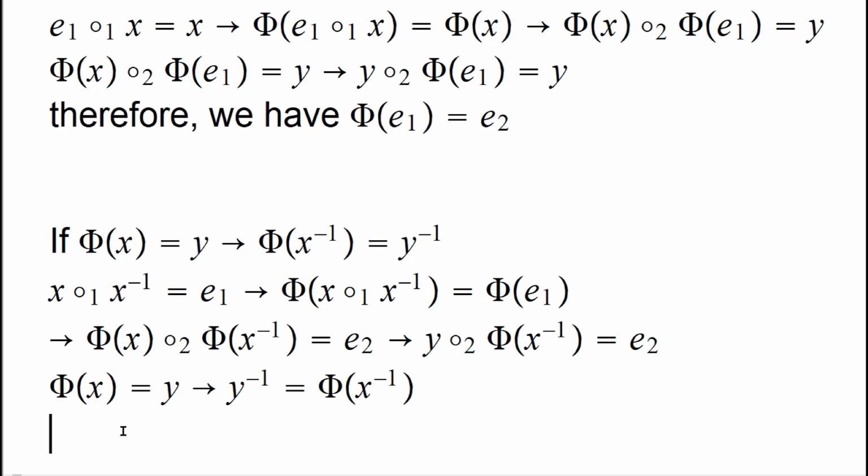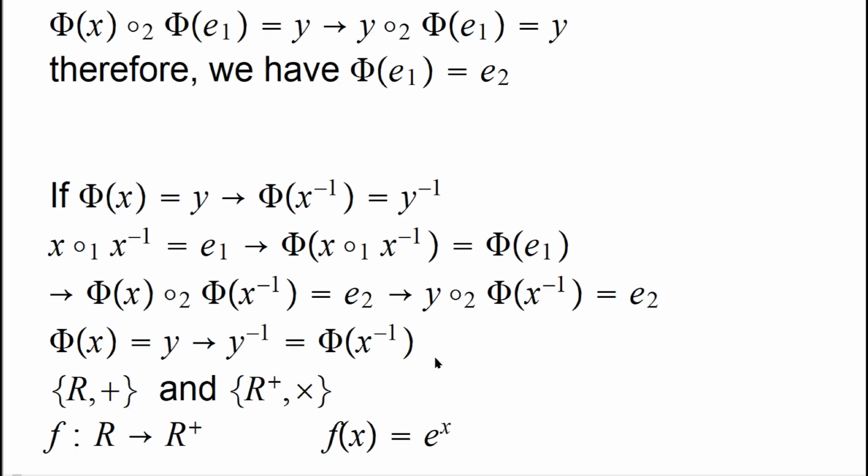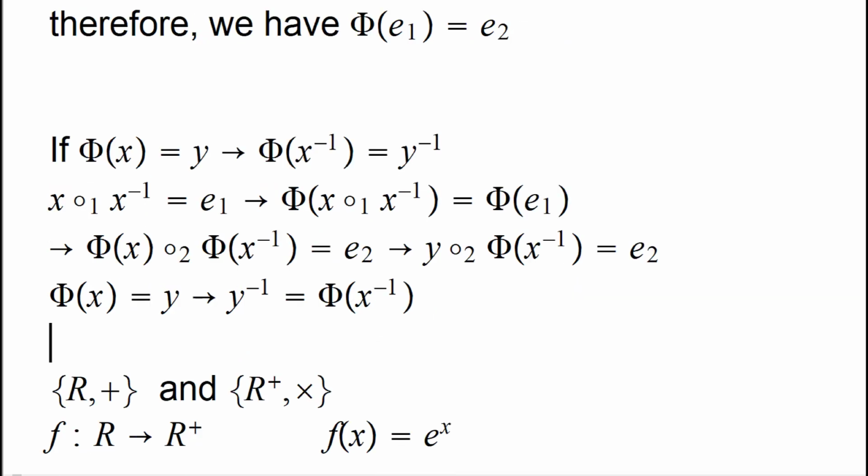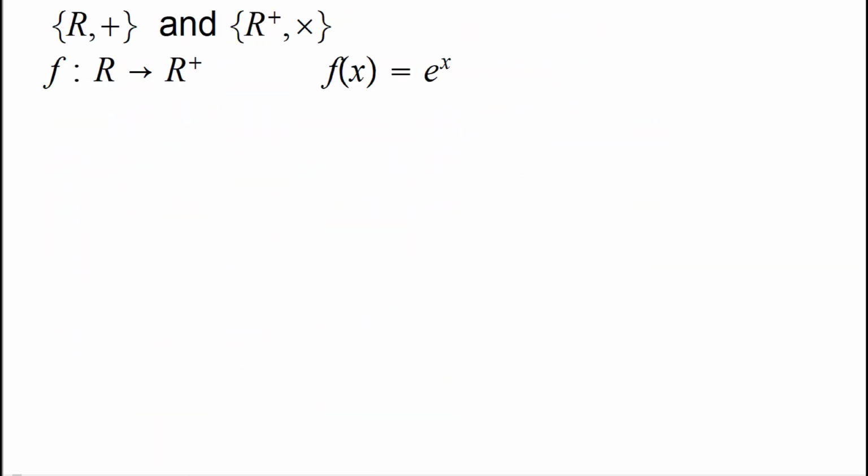So let's take a quick illustration of this through an example that we just did. Remember we defined an isomorphism from R with respect to addition to the positive reals with respect to multiplication, defined by this. If you look at f of 0, where 0 is the identity in the additive group of real numbers, the image is e to the 0, which becomes 1.